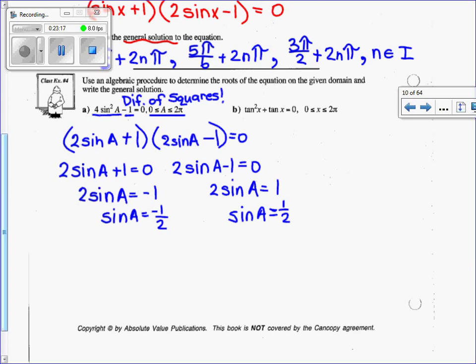Sine a is either negative 1/2 or positive 1/2. Okay, so again, use your unit circle. You can see right off your unit circle where sine is negative 1/2. If you look on your unit circle, I'll give you a minute to look.